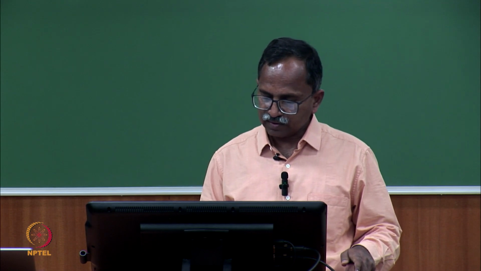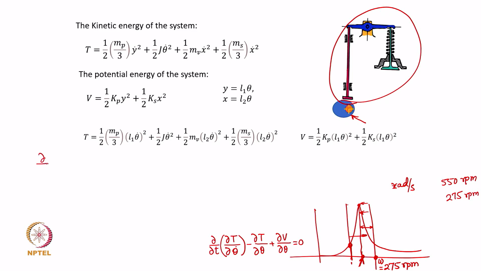So, if we take this derivative, I'll write this as d by dt of dou T over dou theta dot. Now, the expression for T is here. If the derivative of this is obtained with respect to theta dot, then I get half mp over 3 L1 square 2 theta dot. That is what you will get if you take the derivative with respect to theta dot.